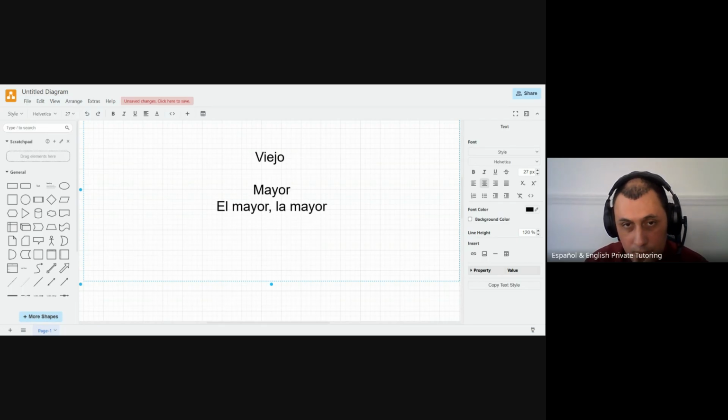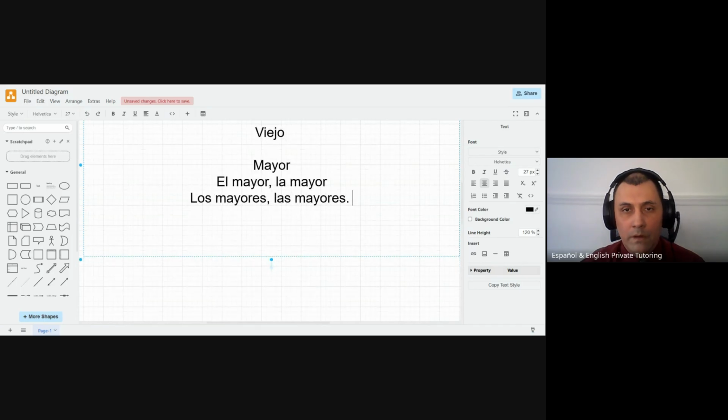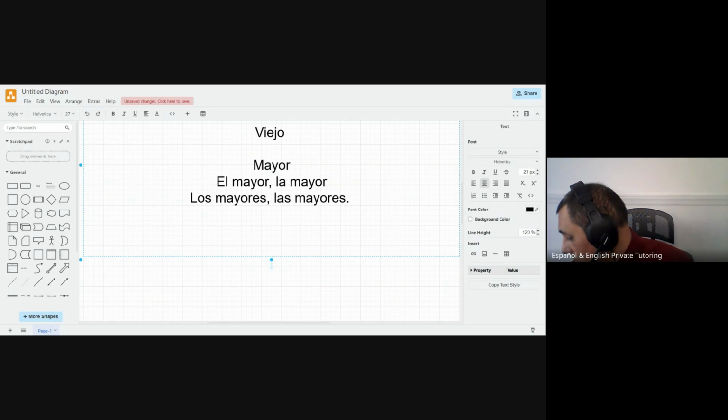The oldest, plural, will be los mayores, las mayores. What the book doesn't explain is that mayor can have a different meaning. It can mean older, but it can also mean something else depending on how you use it.